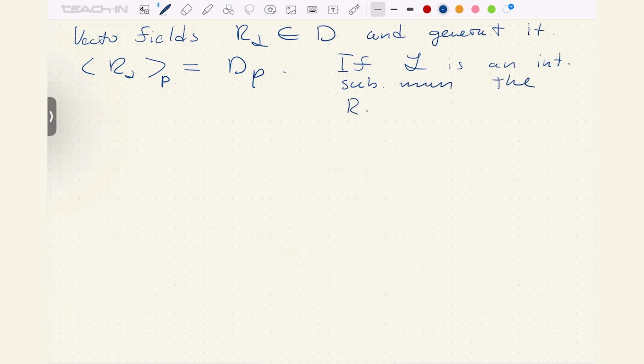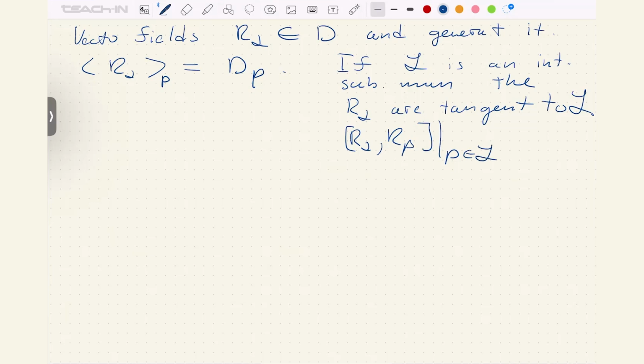then R_alpha are tangent, right? This is precisely by definition tangent to L, right? And moreover, if we take the commutator [R_alpha, R_beta] and evaluate it at a point P in L, then it again belongs to T_P L, right?